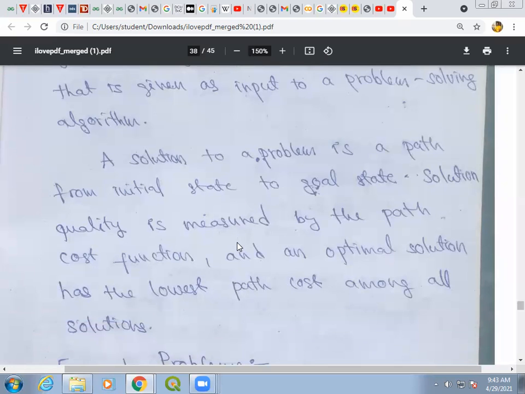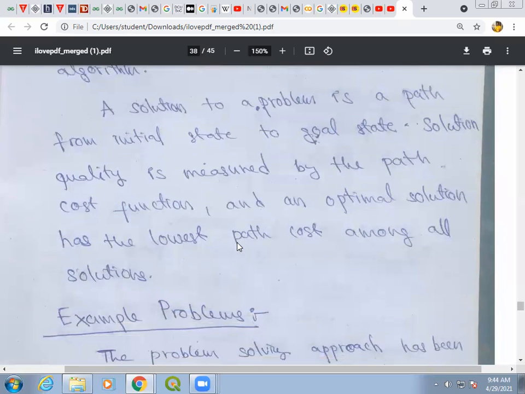A solution to a problem is a path from the initial state to the goal state. It has to reach the goal state from the initial state, that is called a solution. The solution quality is measured by the path cost function. Just now we discussed that the path cost function gives the quality of the solution, that is the performance measure of the agent.